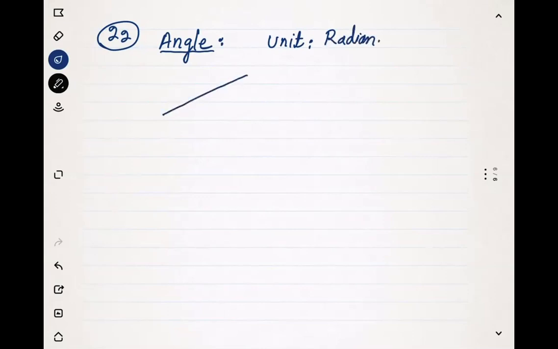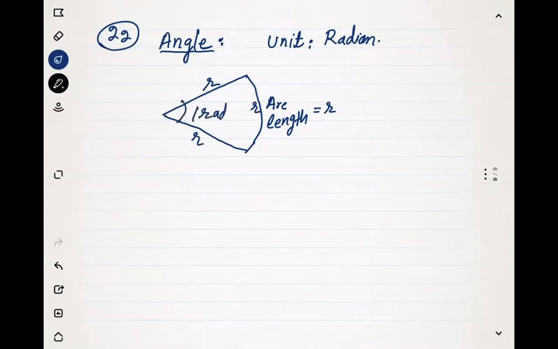A radian is an angle at the center of the sector for which the arc length is equal to the radius. So if arc length becomes equal to the radius, then the angle at the center would be 1 radian. So this is the definition of radian. Now what would be the base unit for angle?